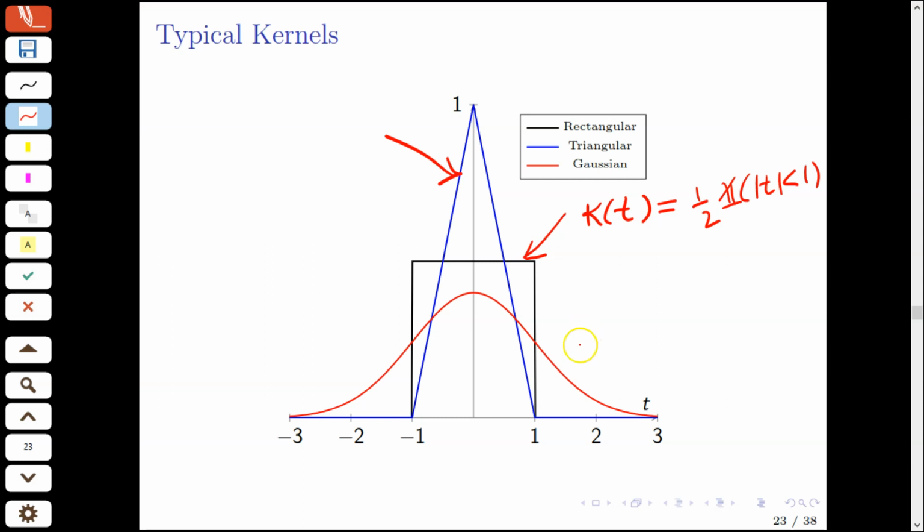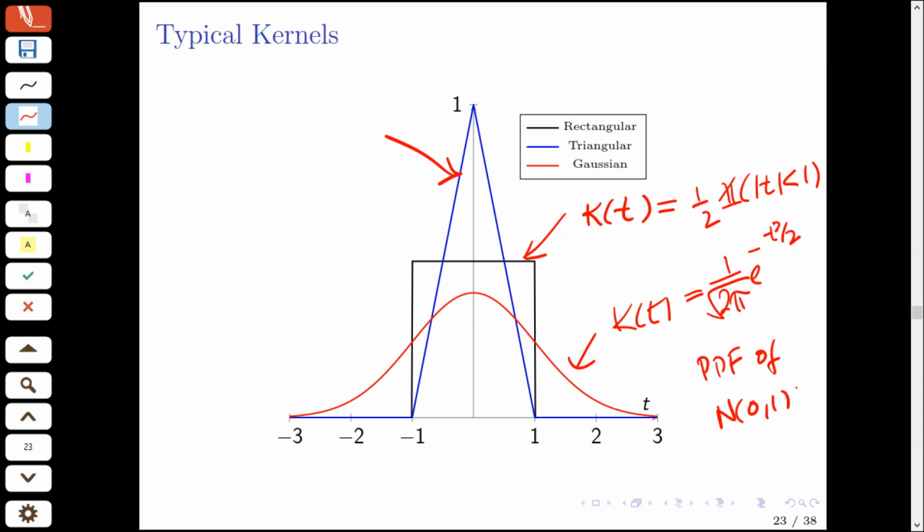For example, if we use as our kernel the density of a standard normal, this is a PDF of a standard normal random variable, then we are actually attaching positive weight to all observations.